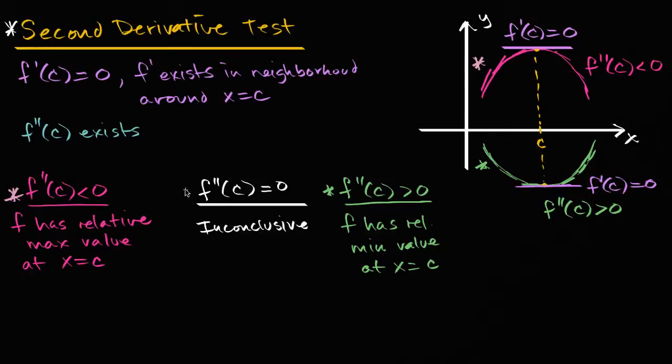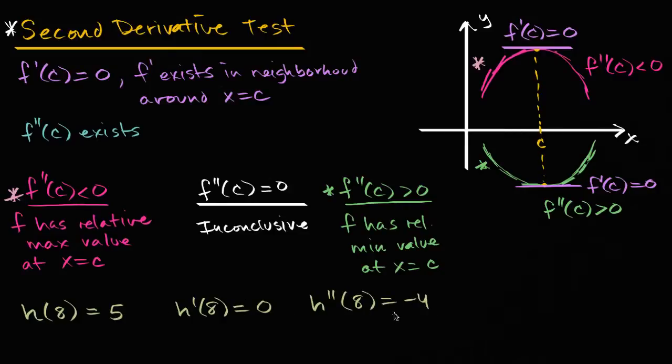So with that out of the way, let's just do a quick example just to see if this has gelled. Let's say that I have some twice differentiable function h. And let's say that I tell you that h of 8 is equal to 5. I tell you that h prime of 8 is equal to 0. And I tell you that the second derivative at x equals 8 is equal to -4.